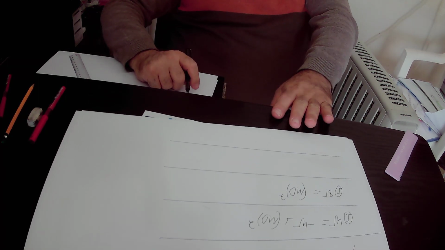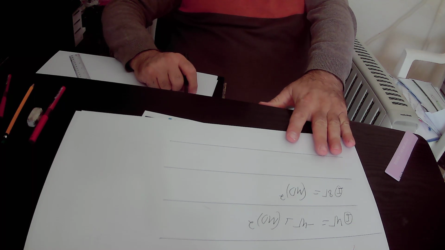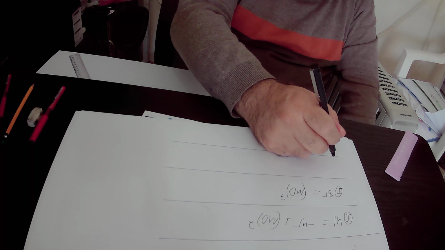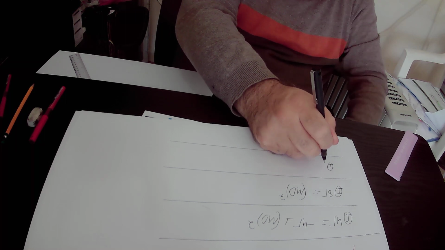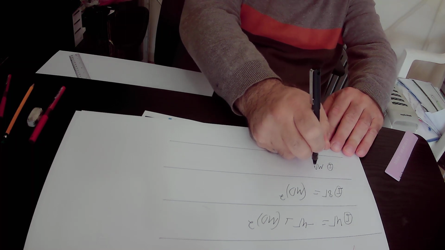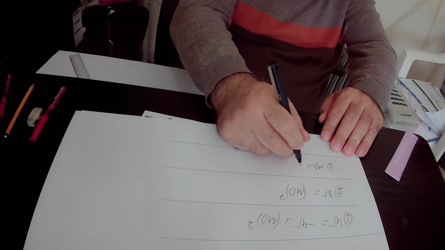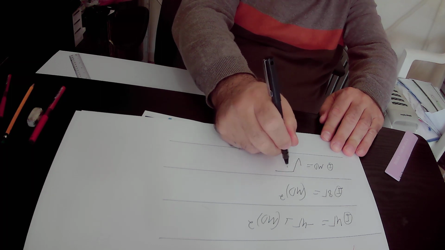So here we will take a root of equation number 1, and we will get that md equals to the square root of 8r.